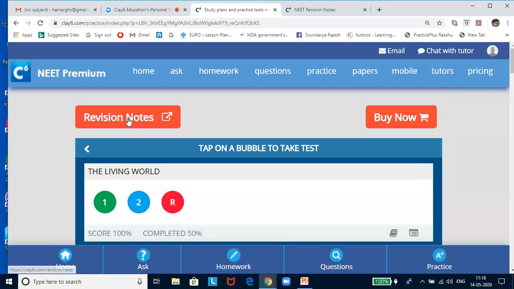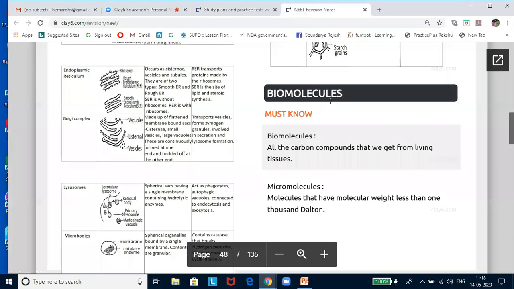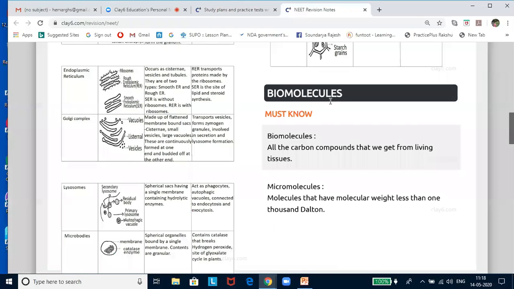Now here you find the revision notes. If you click on this, it opens into a PDF like this. And this PDF is just about 135 pages, but includes all the important points that are essential for your NEET exams. And this is a valuable asset for your NEET preparation if you take this package.